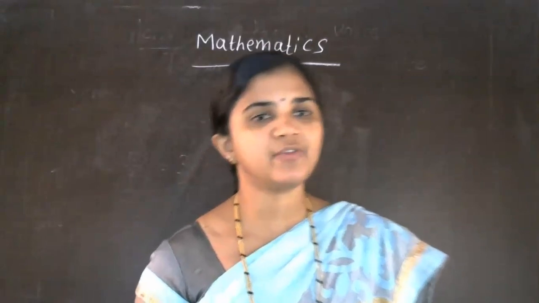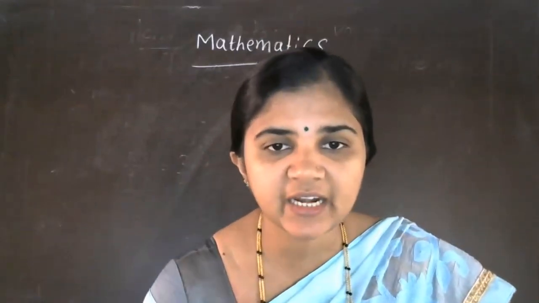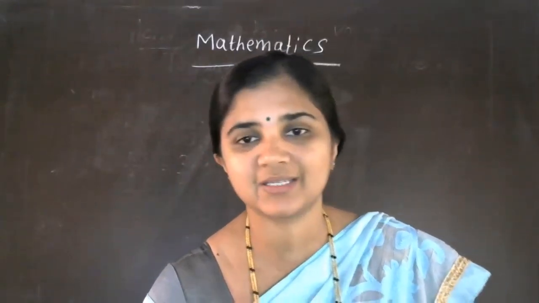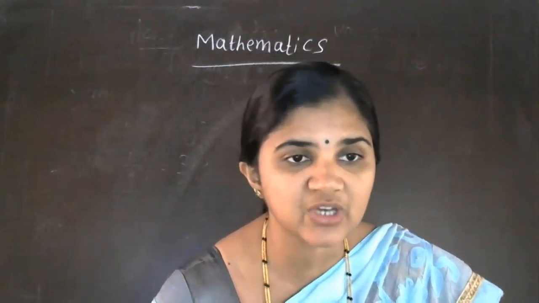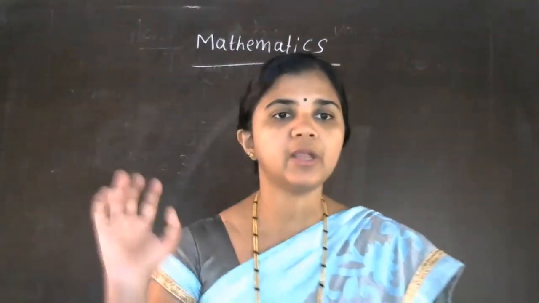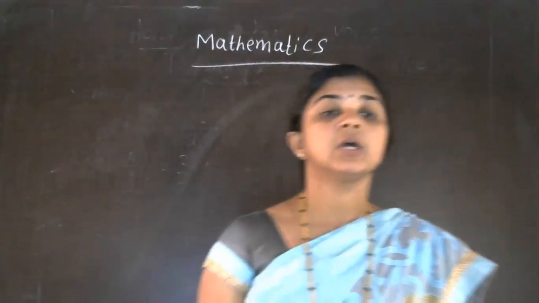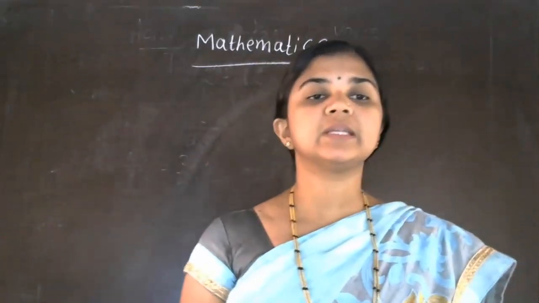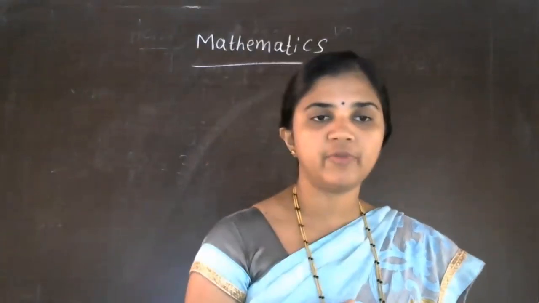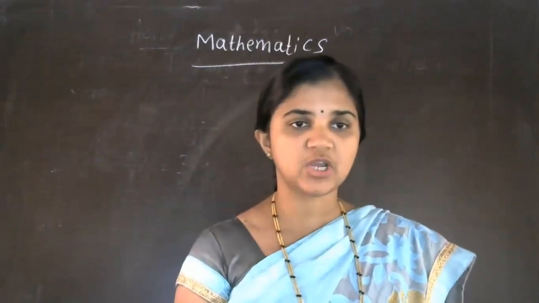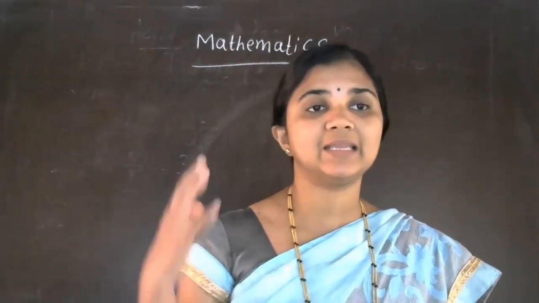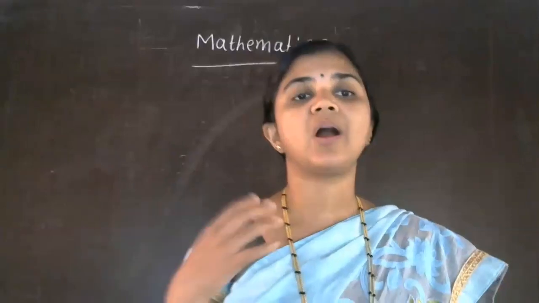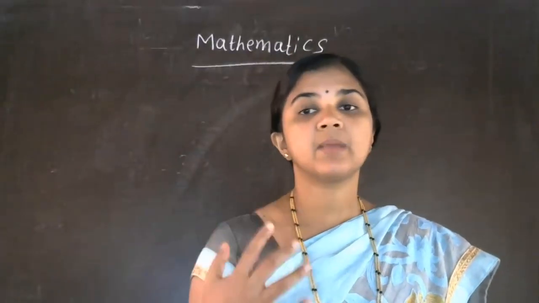But for similar figures, I need the definition of similar figures. Who is ready to give the definition? Up to 9th standard, you know that similar figures in the sense two or more figures having the same shape but not necessarily the same size are called similar figures.